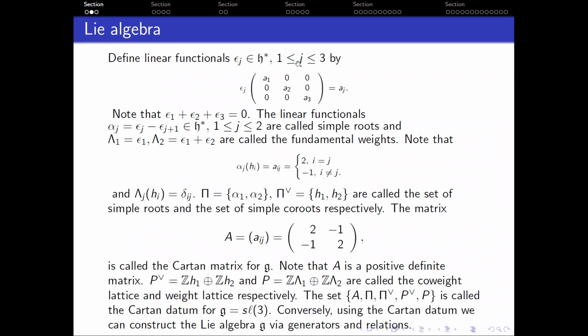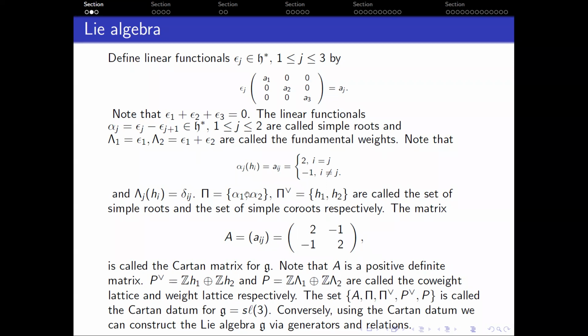So associated with this simple Lie algebra SL3, we have this matrix 2, negative 1, negative 1, 2, which we call the Cartan matrix. And indeed, we can construct this Lie algebra via generators and relations starting from this 2 by 2 Cartan matrix. And that's the important part of it.